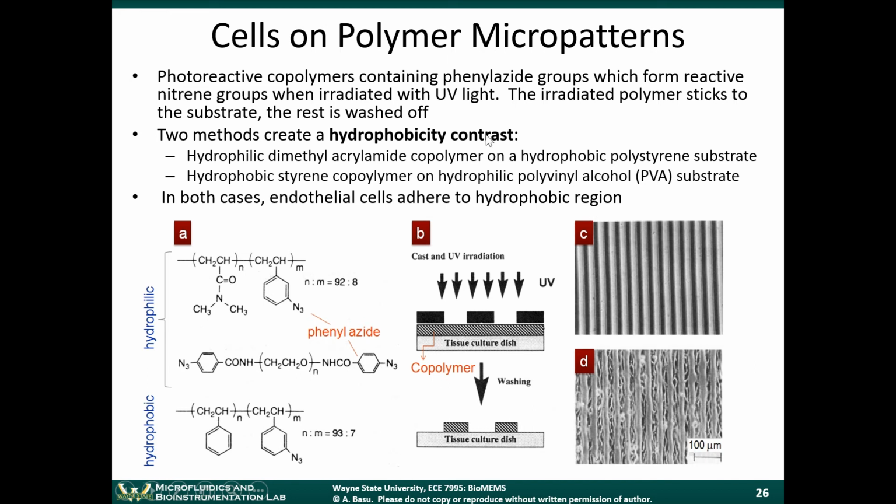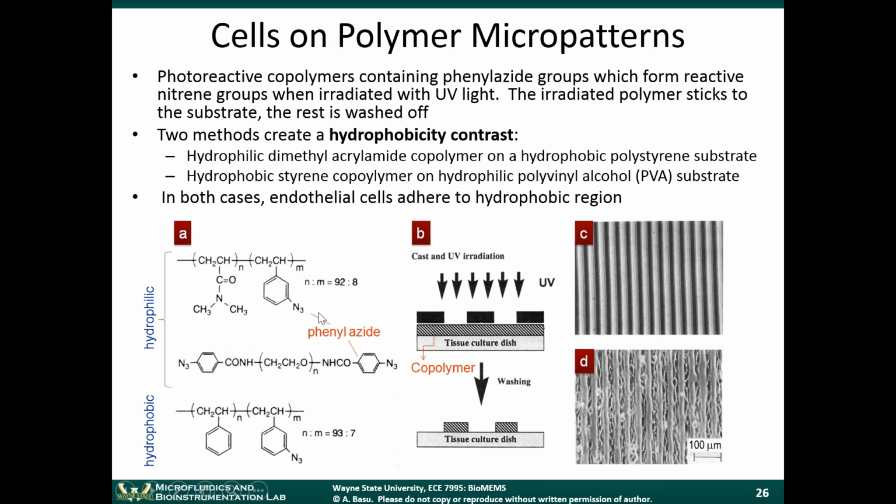How did they create this hydrophobicity contrast? Well, they used these polymer micropatterns, and it was a polymer that could be irradiated with light, and that would change its properties. So it could be photopatterned. Okay. So you had the photoreactive copolymers that contain these phenylazide groups.